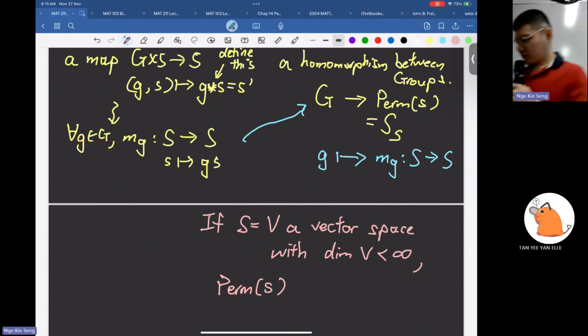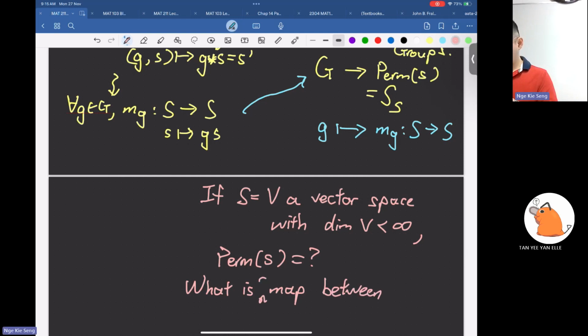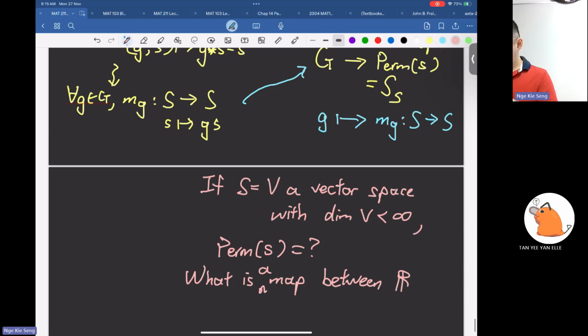So let me write down. What is a map between, for example, R^n to R^n?